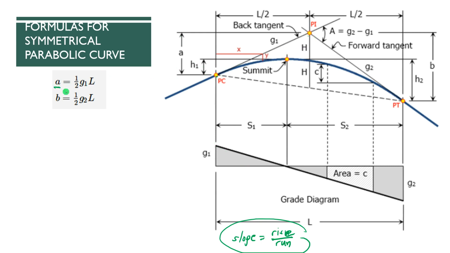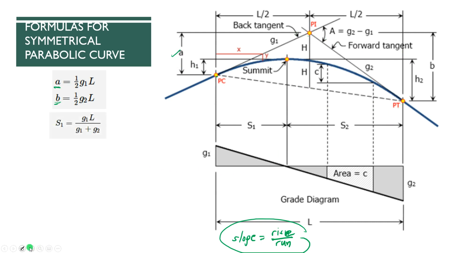That's necessary if we are required to determine the elevation at PI, or if the given elevation is at PI and we want to determine the elevation at PC. A is useful in determining that elevation. The same way as B, the difference in elevation from PI to PT.